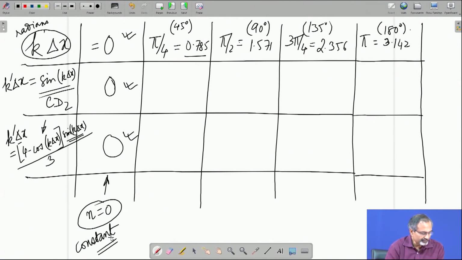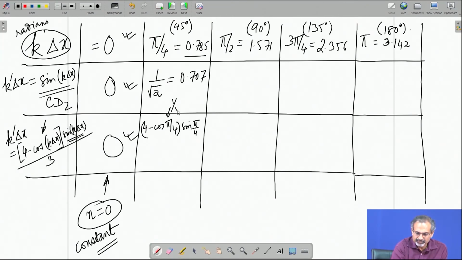When you go to pi by 4, this will give you a value of 1 by root 2, which is approximately 0.707. Here you will get a value of 4 minus cos pi by 4 into sin pi by 4, both of them being 1 by root 2, the whole divided by 3, and that will give you a value of 0.776.